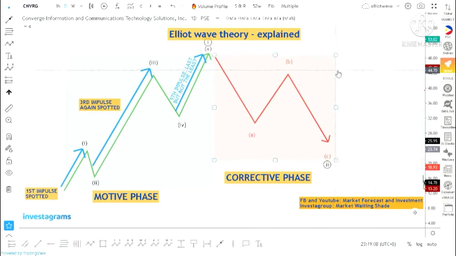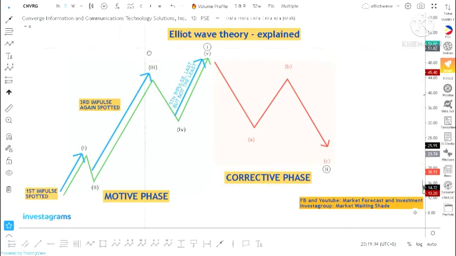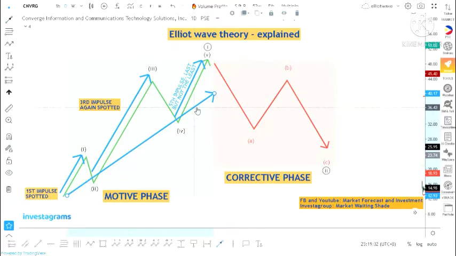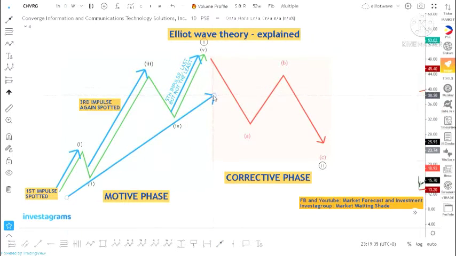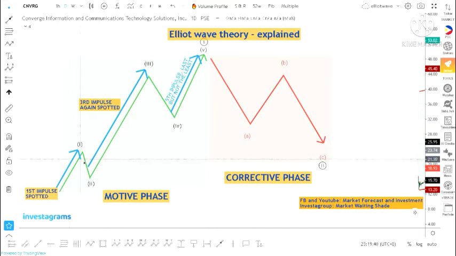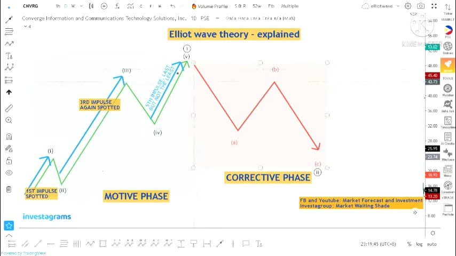Because every motive phase, or one big move, which is this one, is our first major wave. So this is the motive phase all in all, but inside this big wave, inside this wave 1, is actually a series of waves before it reaches its completion.